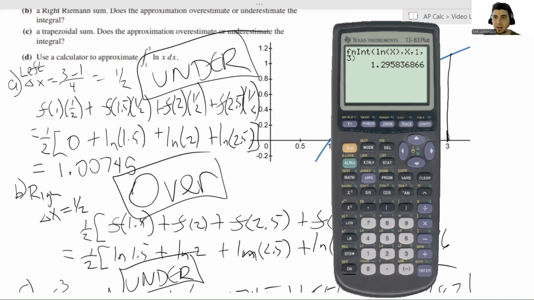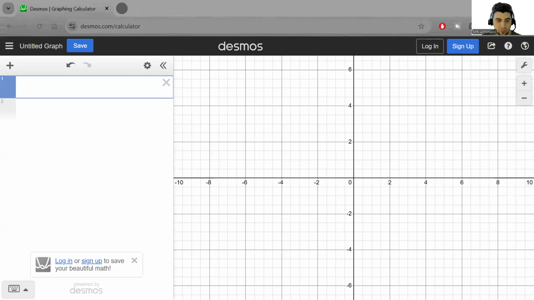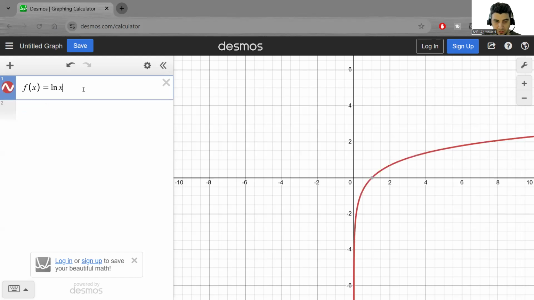Okay. I'll show you also how to do this quickly on Desmos. So we had f of x equals natural log x. If you type in int, that's going to give you the definite integral symbol. You have 1, 3, and then just hit over once and put ln x, and then type in dx, and it gives it to you.